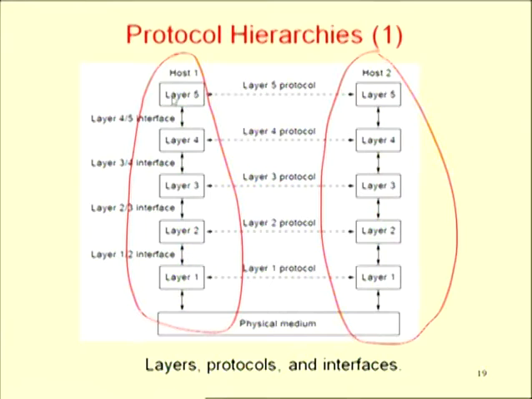Okay, you can see that 5 layers are there: layer 1, layer 2, layer 3, layer 4 and layer 5 inside host 1. And similar number of layers are there in host 2 as well. Okay, let us presume 5 different entities here. Later on we will be increasing this number. Let us consider 5 right now.